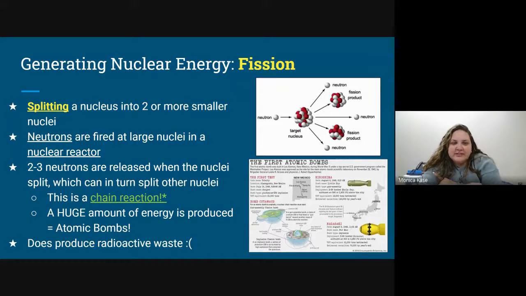Fission is the first one we're going to touch base on, and it is the splitting of a nucleus into two or more similar nuclei. Neutrons are fired at a large nucleus in a nuclear reactor, and then 2 to 3 neutrons are released when that nucleus splits, which can then split other nuclei.